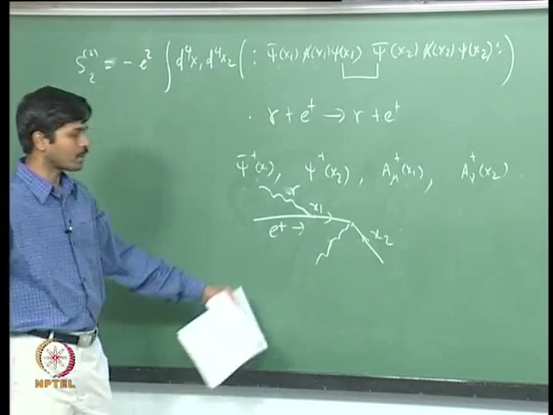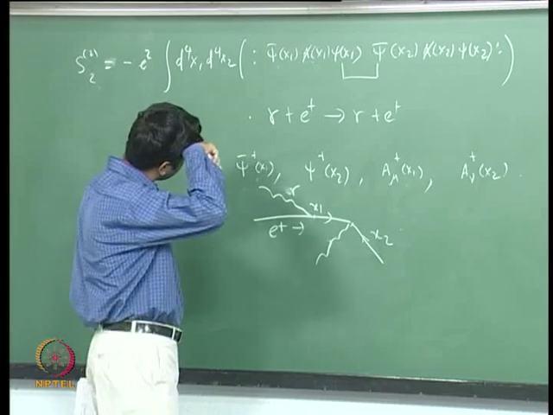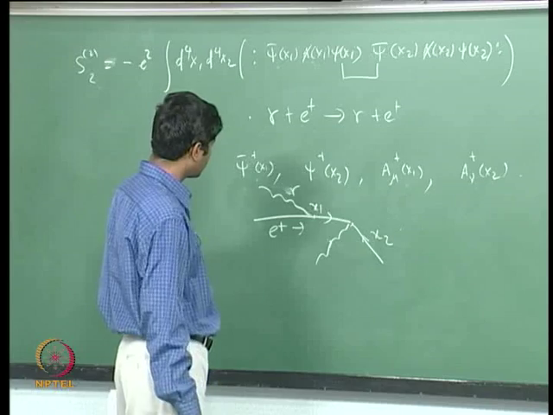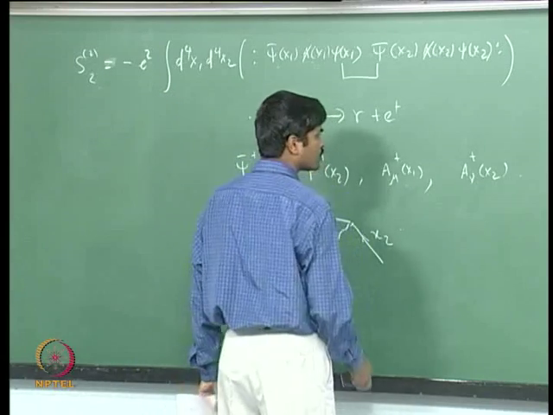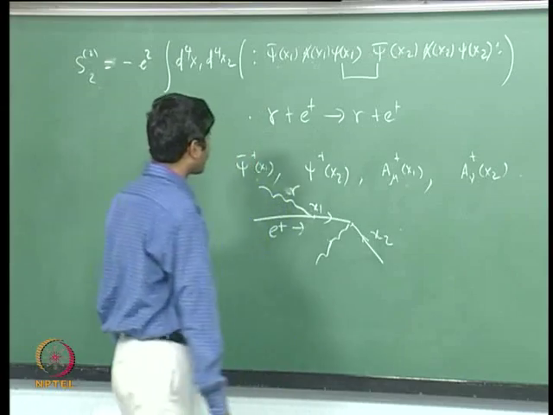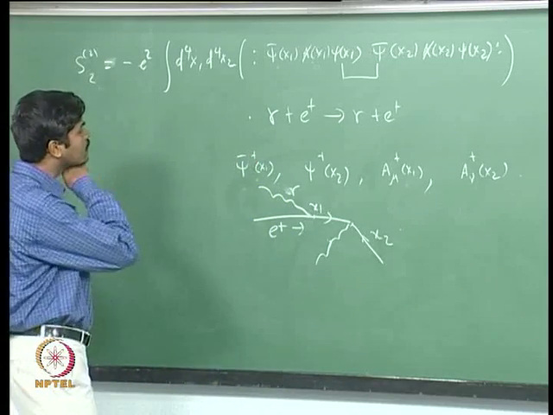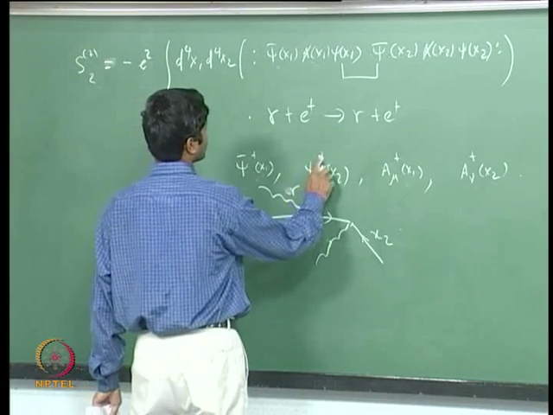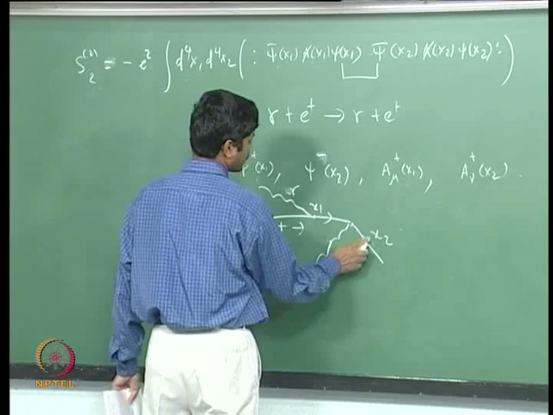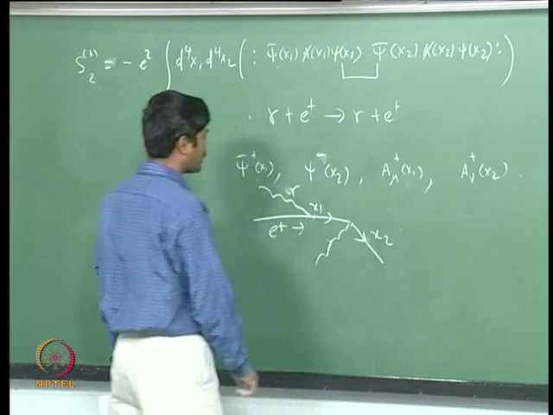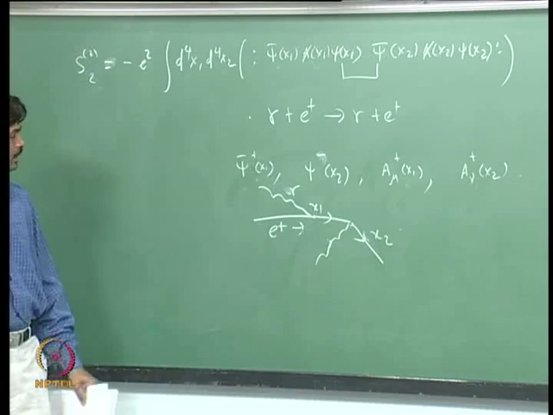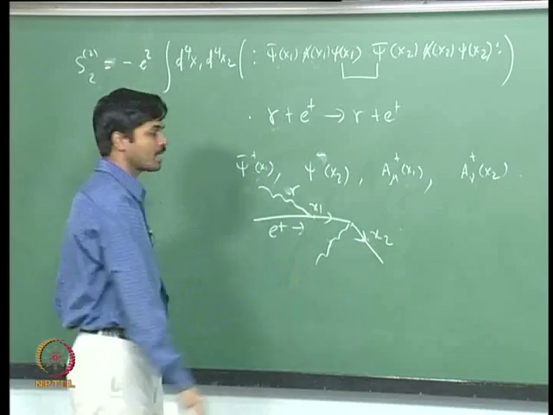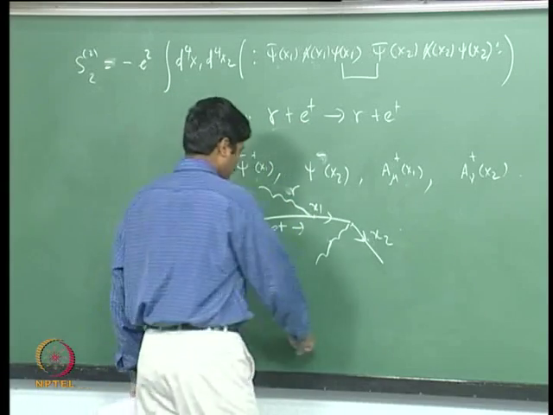So there will be some such process like that, which I don't know what kind of process is. If there is a psi minus, of course, it will create a positron, but it will not conserve charge. Psi minus creates a positron. So then this will of course describe something like a positron electron scattering.